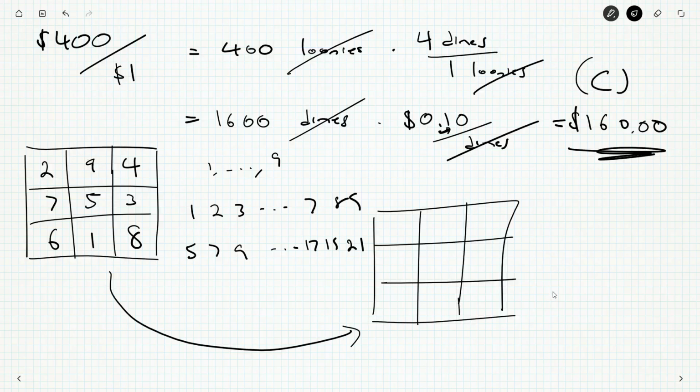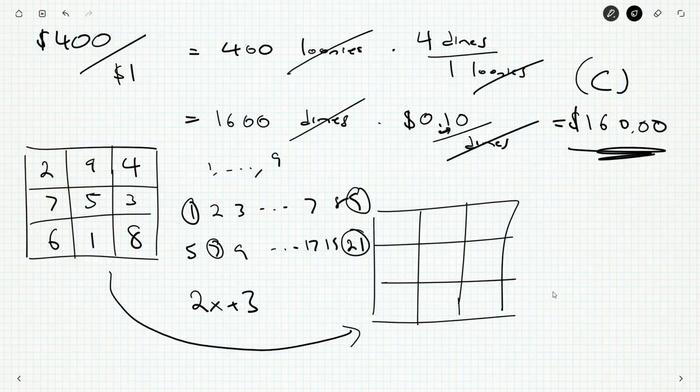How do we get from 1 to 5? How do we get from 2 to 7? You would double each number and add on 3. Just do 2x plus 3. 2 times 1 is 2, plus 3 is 5. 2 times 2 is 4, plus 3 is 7, and so on, all the way up to 2 times 9 is 18, plus 3 is 21.